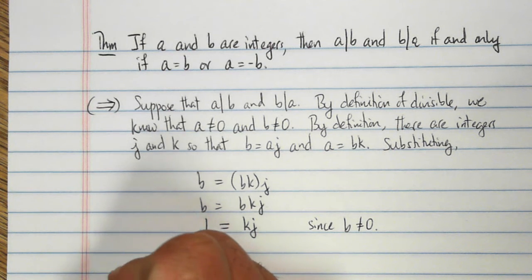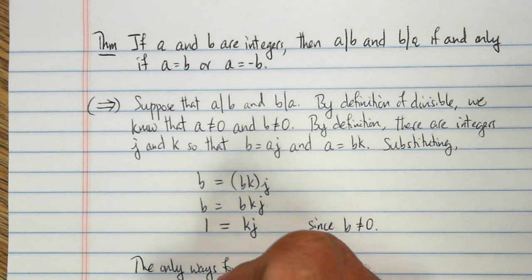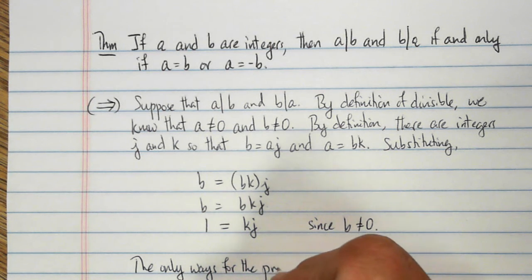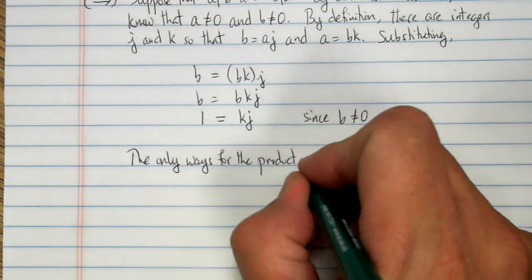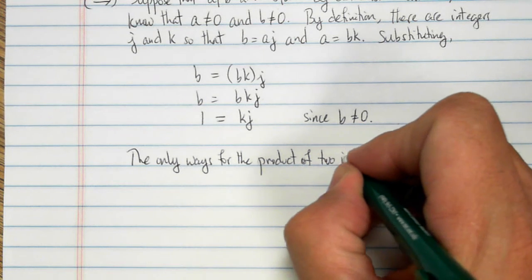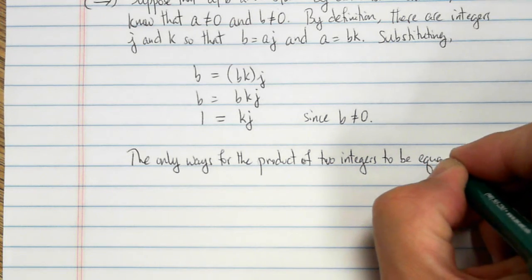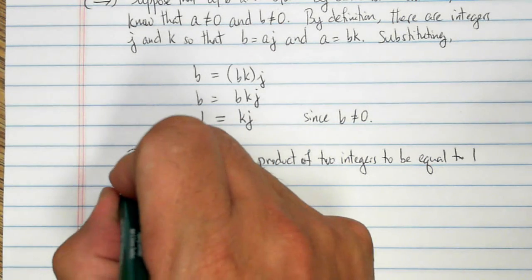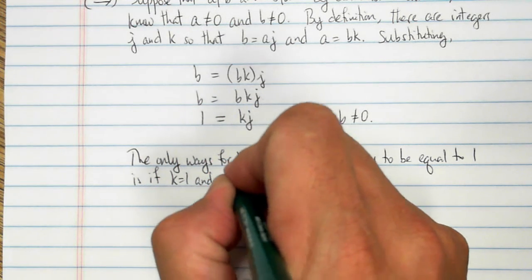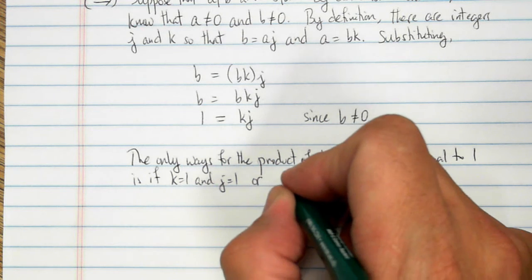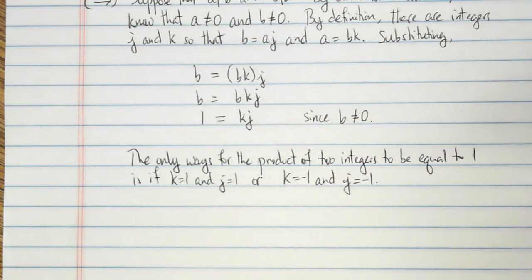So the only ways for the product of two integers to be equal to 1 is if k equals 1 and j equals 1. That's one possibility. Or k equals negative 1 and j equals negative 1. So those are my two possibilities.